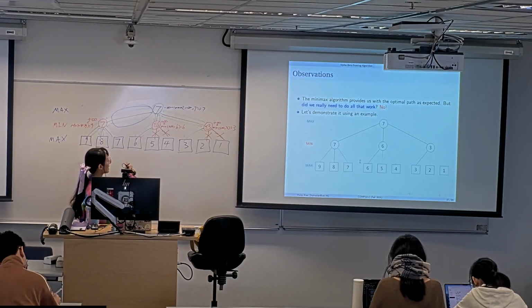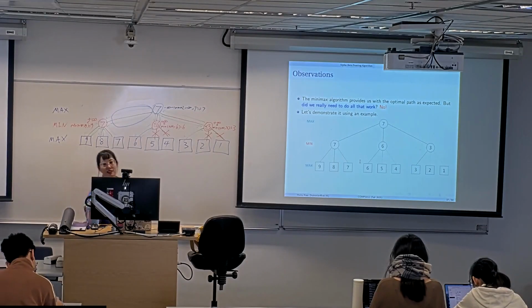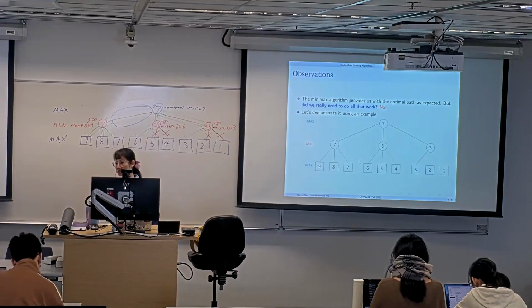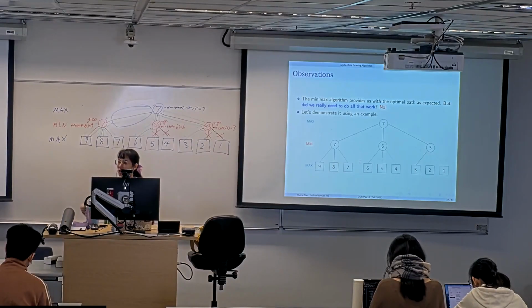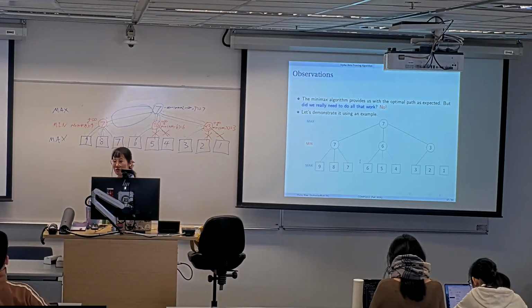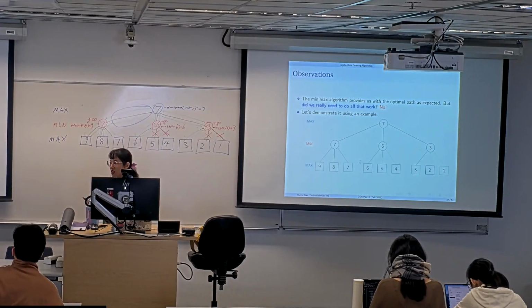So basically, when we're evaluating the game tree using the Minimax algorithm, if we already find that some choice is definitely better than another choice, then for some worse choices, you need not explore or search them. They can directly be given up. So this is the pruning.